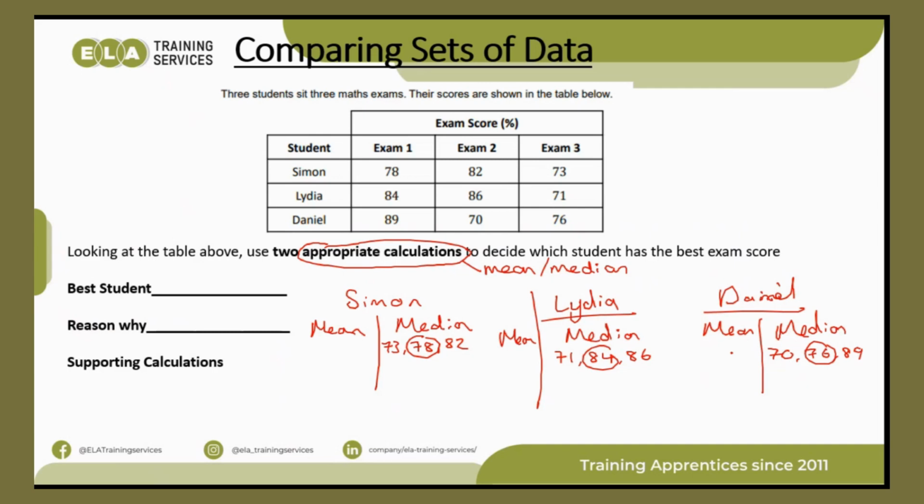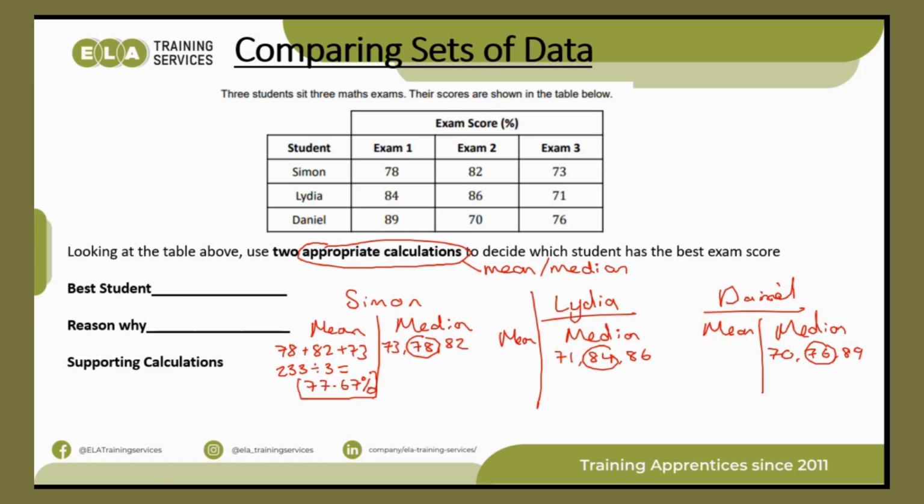Now we're going to do each mean. We have to show our supporting calculation. So we're going to do 78, add 82, add 73. Let's find out what that is on our calculator. 78, add 82, add 73 is 233, divided by 3 is then 77.67%.